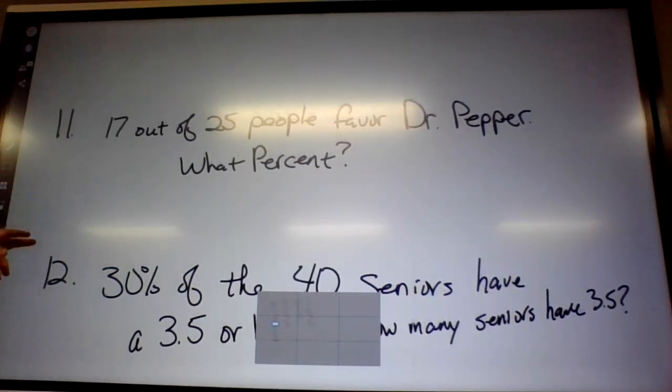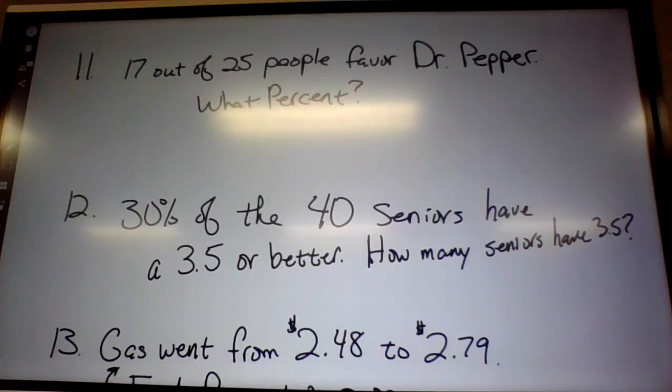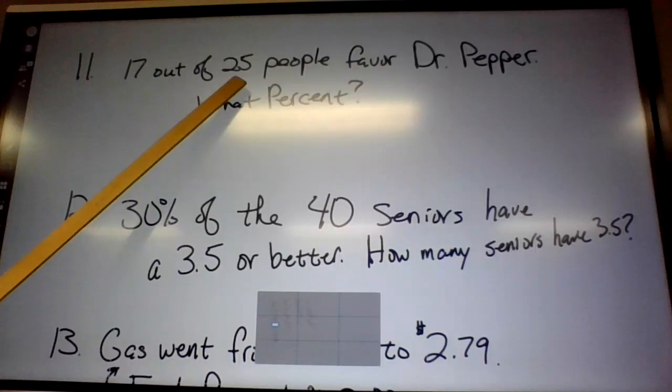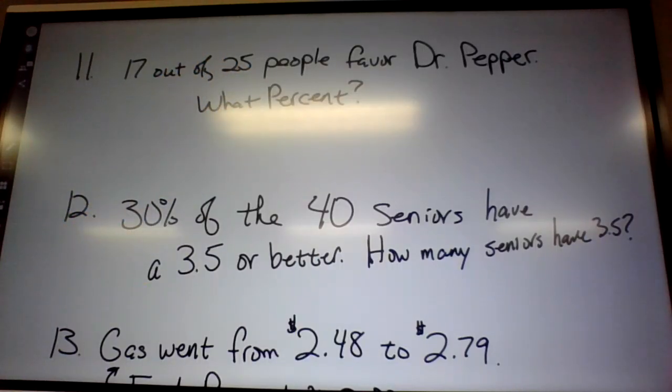Okay, are you guys good on that last one? Okay. 17 out of 25 people favor Dr Pepper. What percent favor Dr Pepper? Isn't it something divided by something? It's a percent change formula, right?